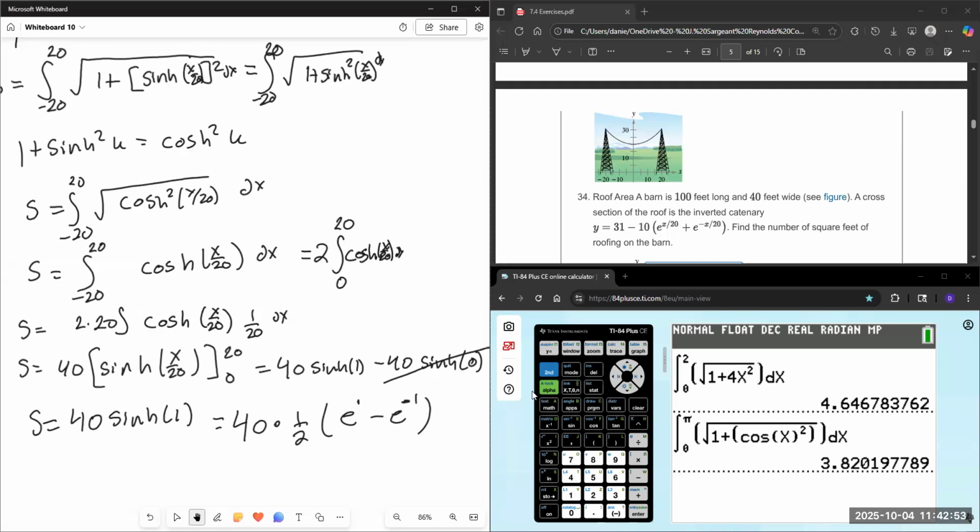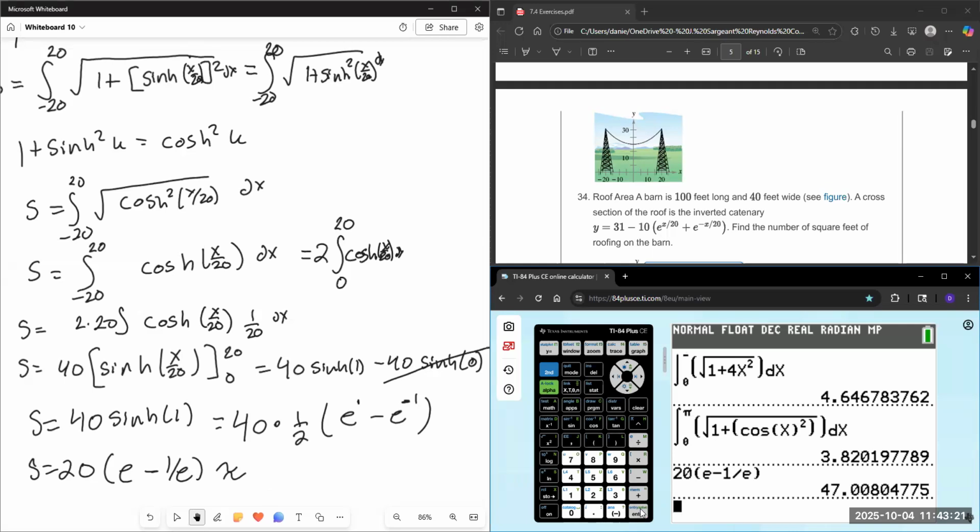So that will be s is 20 times e minus 1 over e, approximately 20 times e minus 1 over e. And that is 47.008. And then these are meters in our problem, so we need to put units with this.